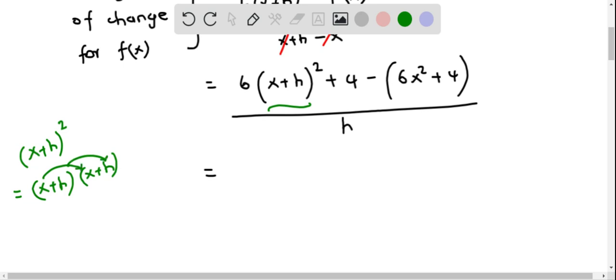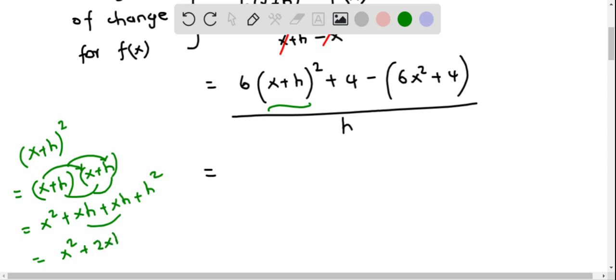That is x times x is x squared, and x times h is xh. Now I multiply this h with x, so I get hx, or I can write it as xh, plus h times h is h squared. So these two are like terms. I can simplify this, so this becomes x squared plus 2xh plus h squared.